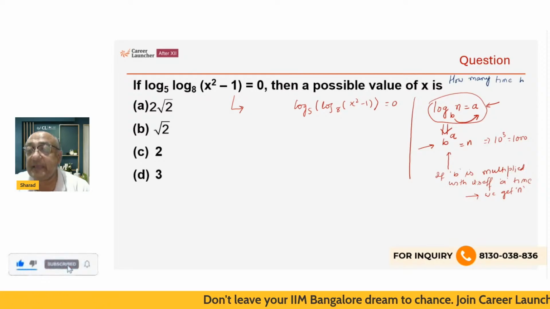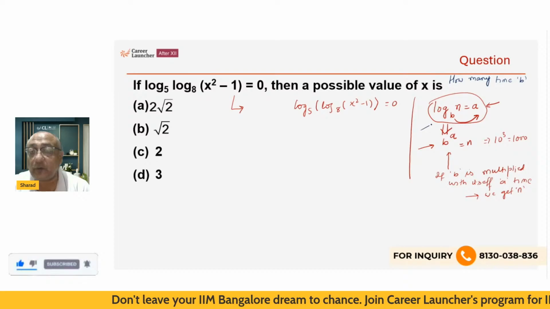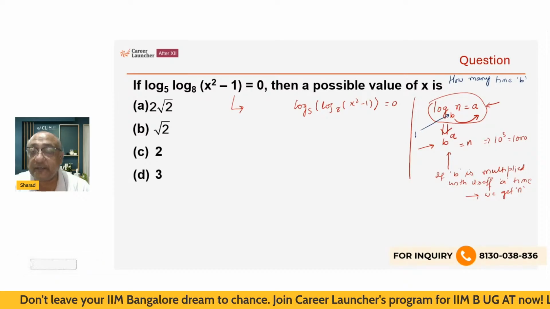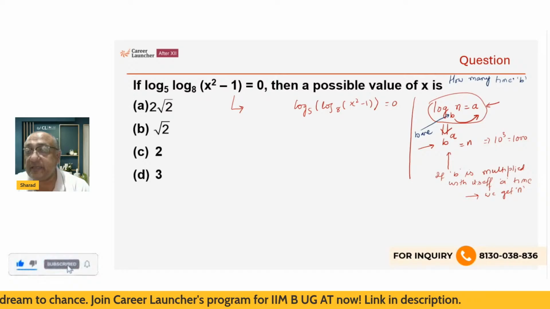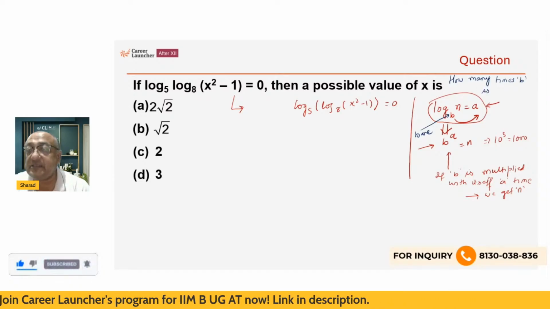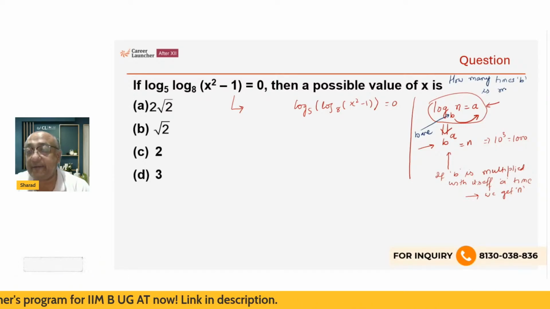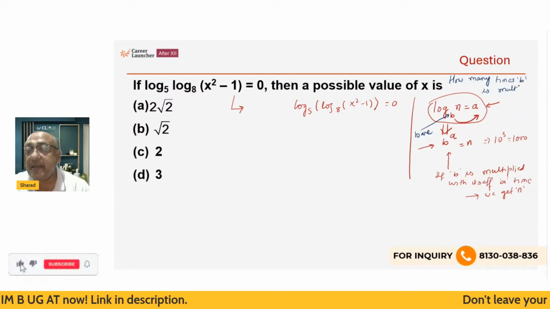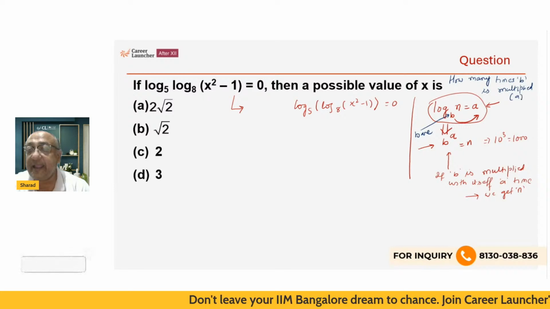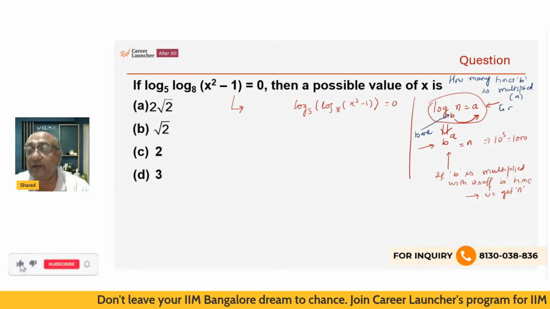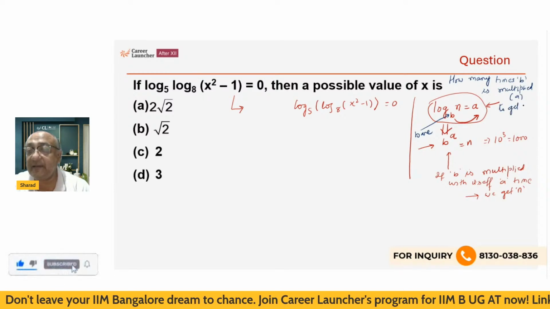base, again base is the main thing. This is also called base in log. So how many times is b multiplied? We know the answer. a times, to get n.